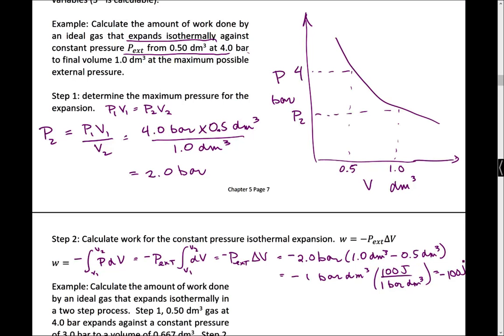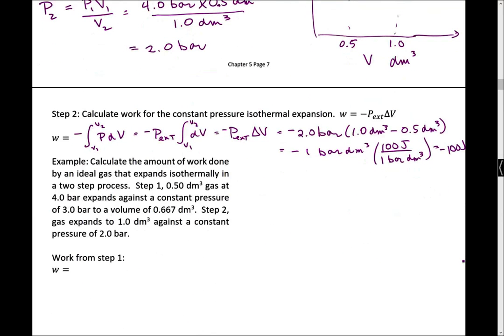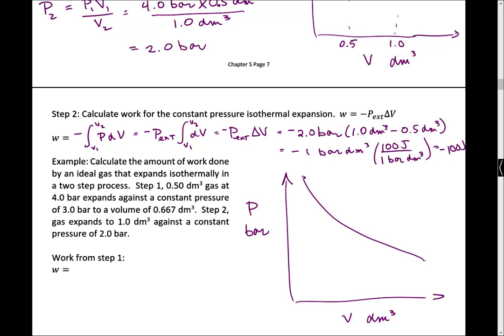Okay, so in this particular case, we're going to do the same overall expansion, but rather than doing it in a single step, we're going to do it in 2 steps. So looking at our isotherm, I have pressure in bar, I have volume in decimeters cubed, drawing my isotherm. We're told step 1, we have 4 bar, 0.5 is the molar volume.